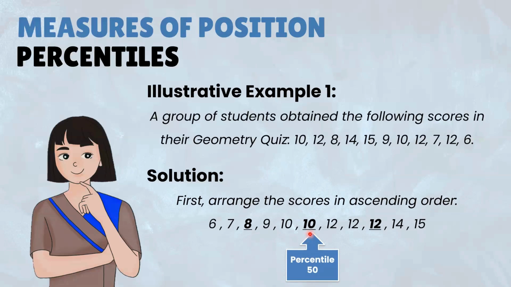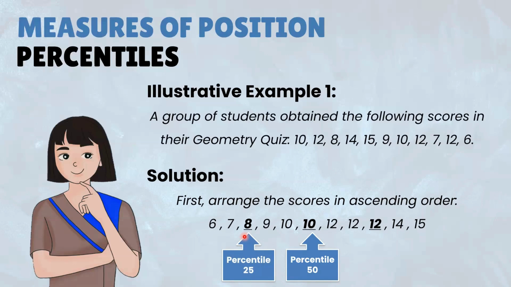All right. Next, we look for percentile 25 value. The percentile 25 value is the middle value of the remaining values to the left of percentile 50. So we have in here 5 scores. So the middle value is 8. That will be our percentile 25 value.